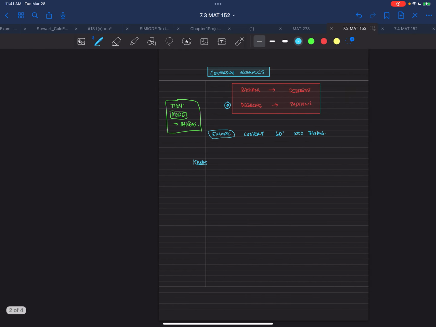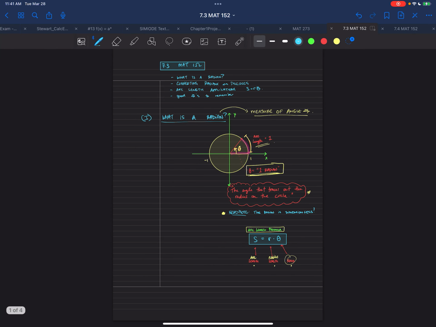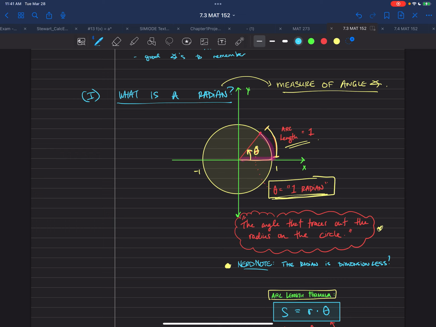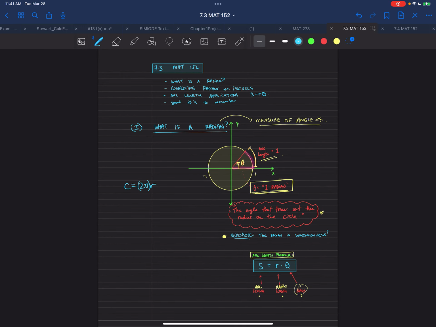So you might already know the circumference formula for a circle, just coming back here for a moment. The circumference formula for a circle is what? 2 pi r, right? That tells you how long the arc length is around. And this is precisely the angle measure in radians for how much it takes to trace out that much arc length.